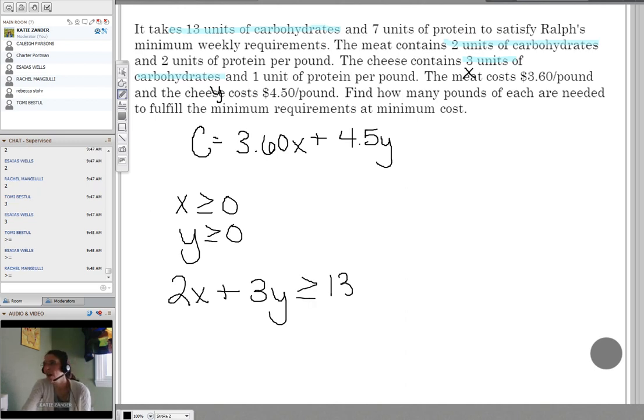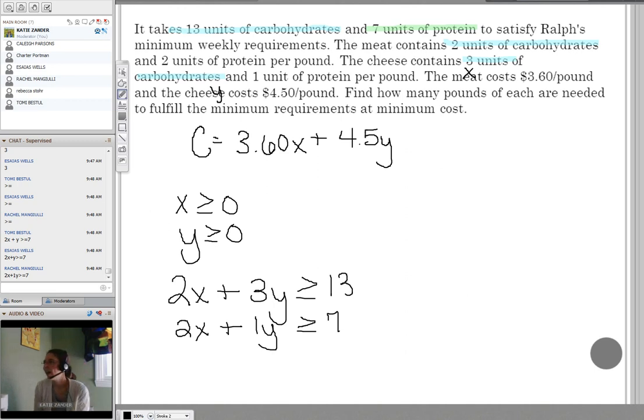All right, what's another inequality you're thinking of? So you got carbohydrates out of the way. Yeah, you're going to need one for protein. All right, so you look at protein now: 2 units of protein from the meat, 1 unit of protein from the cheese, and it takes 7 units there altogether.